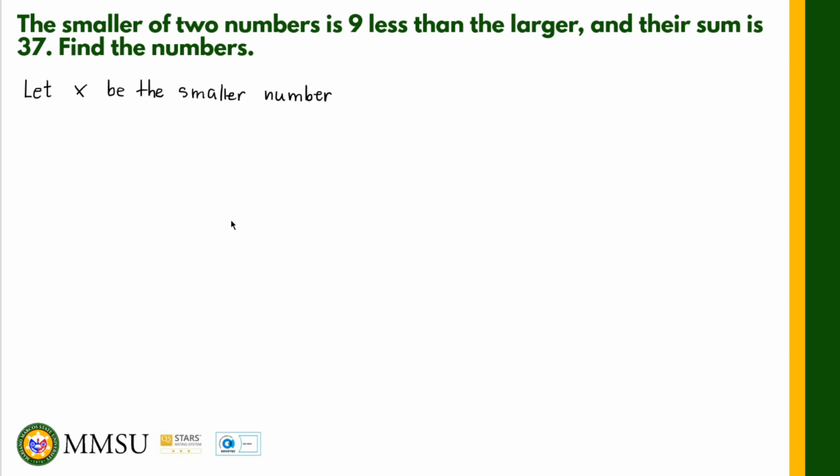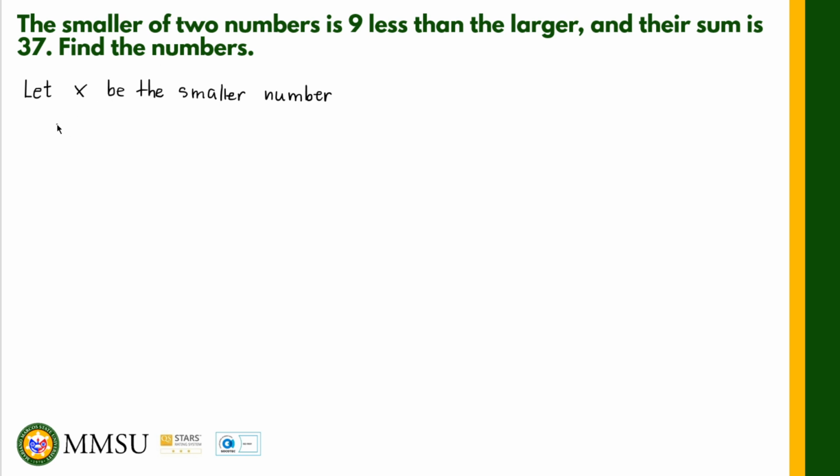The smaller of two numbers is 9 less than the larger. So from the larger, minus 9, you get the smaller number. So, if x is the smaller number, you add 9, and you get the larger number.